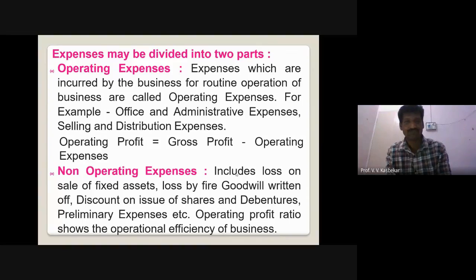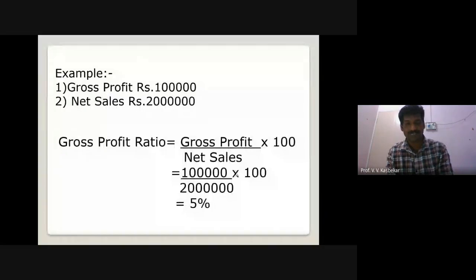Non-operating expenses include loss on sale of fixed assets, which are not routine expenses, such as loss on sale of fixed assets, goodwill written off, or discount. All these are examples of non-operating expenses.